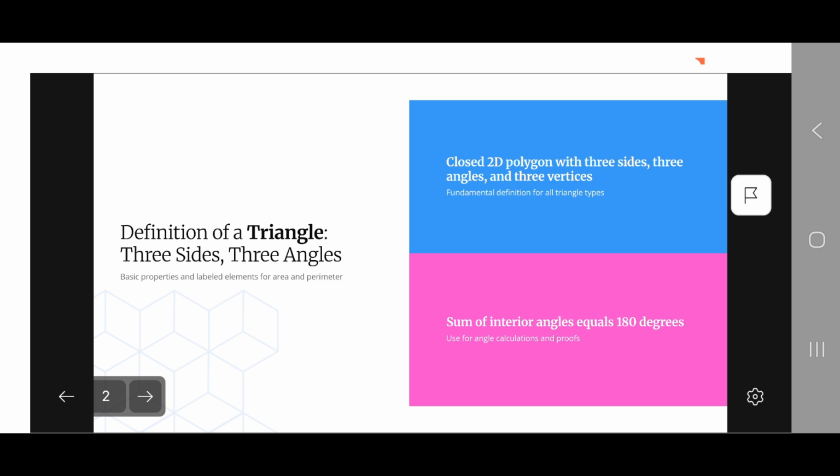And it also explains that the sum of interior angles has always got to be 180 degrees.